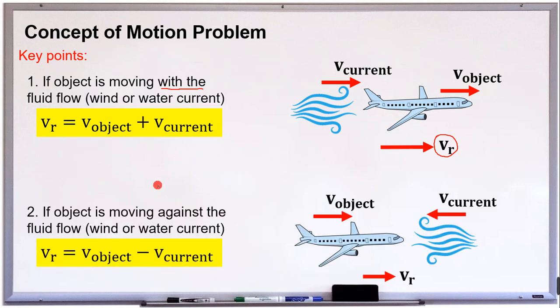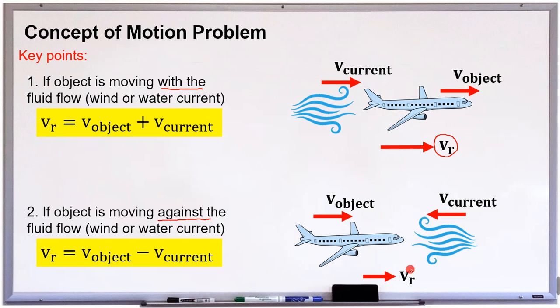Now, the second case, if the object is moving against the fluid flow. As you can observe in our figure, the direction of the wind speed is against the direction of the airplane. So it will take a much longer time to travel in this case because the wind speed slows down the resulting velocity of our airplane.